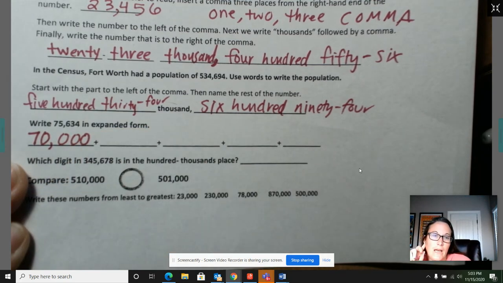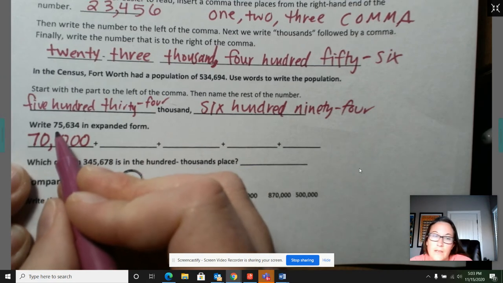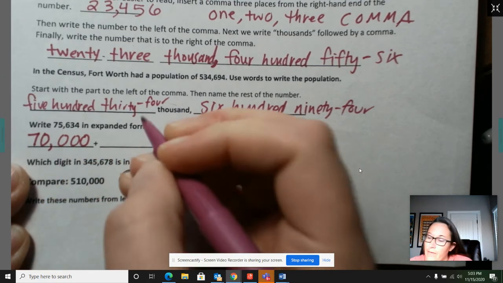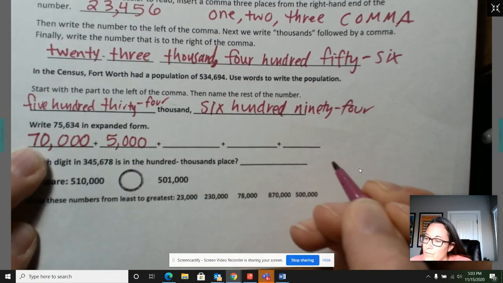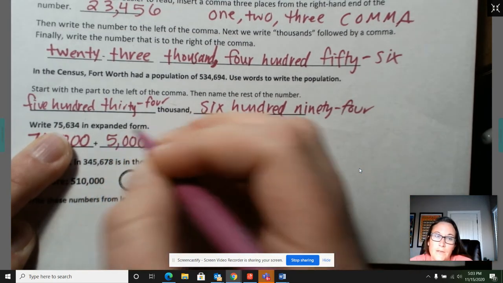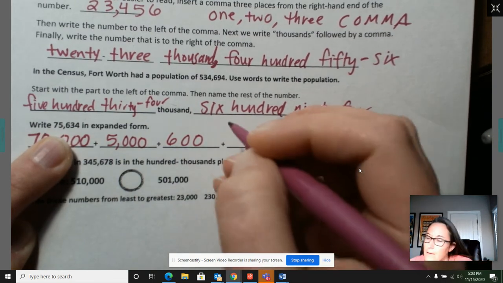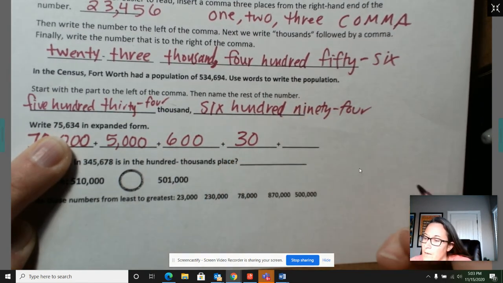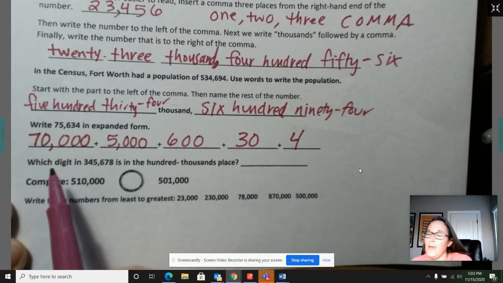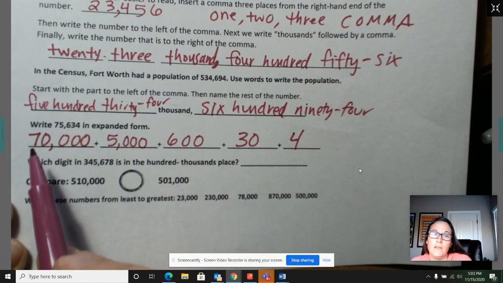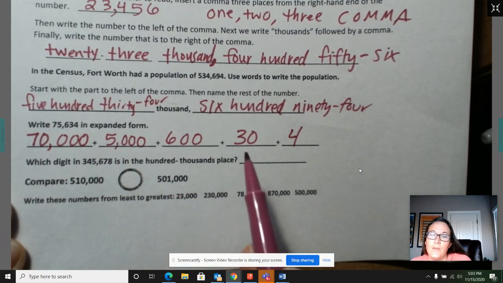So 70,000. And then now I need to scooch over to my thousands. 5,000. And then how many hundreds? 6. How many tens? 3 of those. And then how many ones? So I can expand it out: 70,000 plus 5,000 plus 600 plus 30 plus 4.